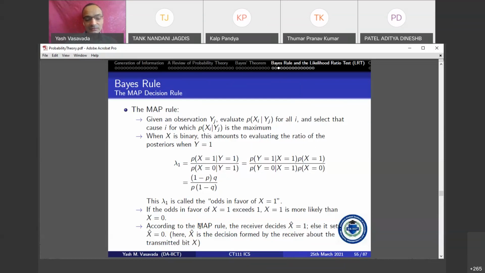Any thought? Both are equally likely. Exactly. Both are equally likely, so it doesn't matter. You can either say x hat is 1 or you can say x hat is equal to 0. You can pick either one.